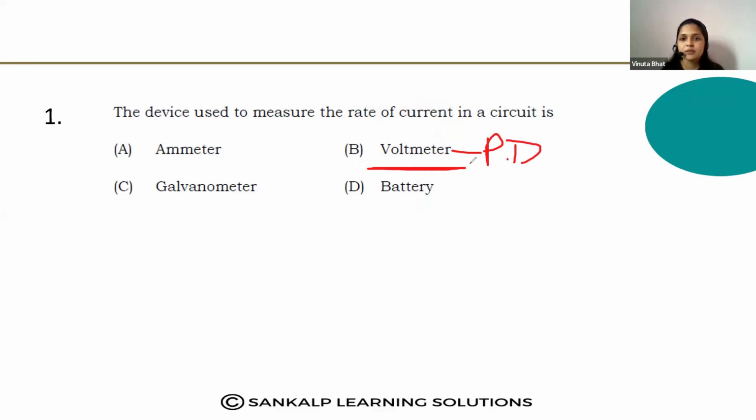Potential difference is measured using the voltmeter. Galvanometer is not used for the rate of current, it is used to detect the intensity of the current. And here the correct option is ammeter. So ammeter is used to measure the rate of current in the circuit. Option A is the correct answer.